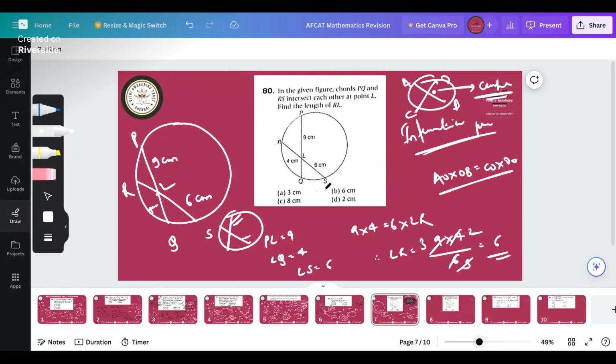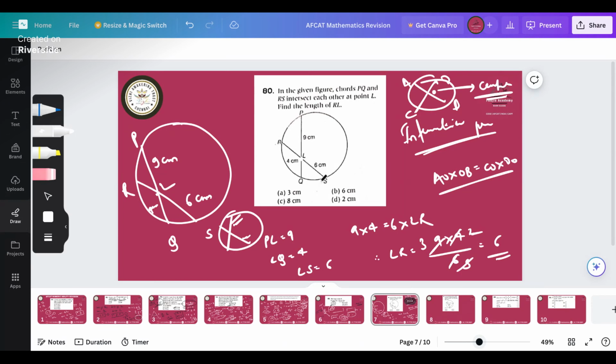If two chords are intersecting each other, let's say PQ and RS intersecting each other at point L, then in that case, PL into LQ is equal to RL into LS.